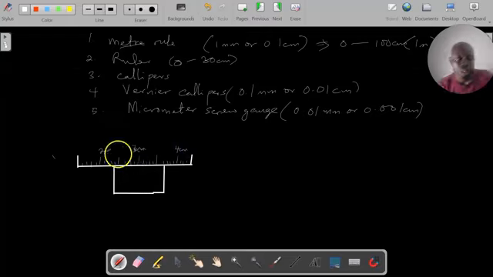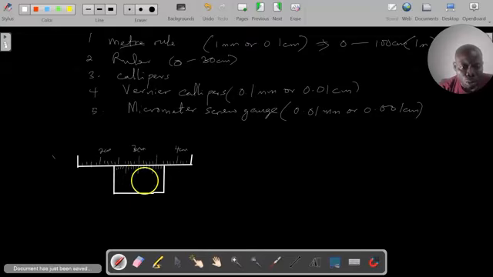So what that means is that each of these tiny units, each of these tiny points, and let's say I have my vernier scale to be this. Now, don't mind me.